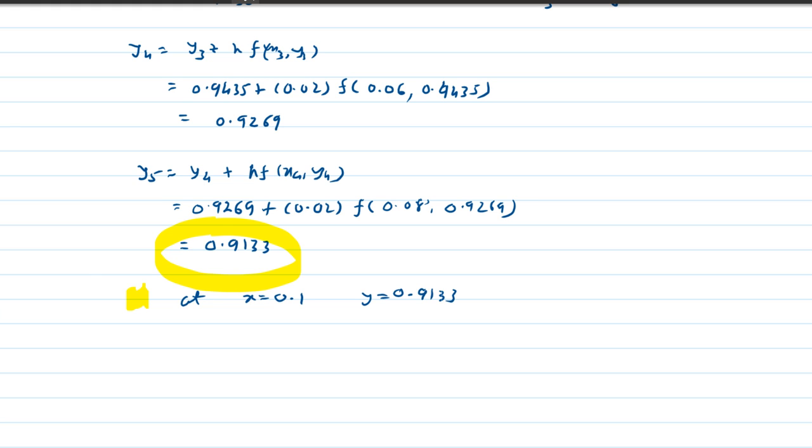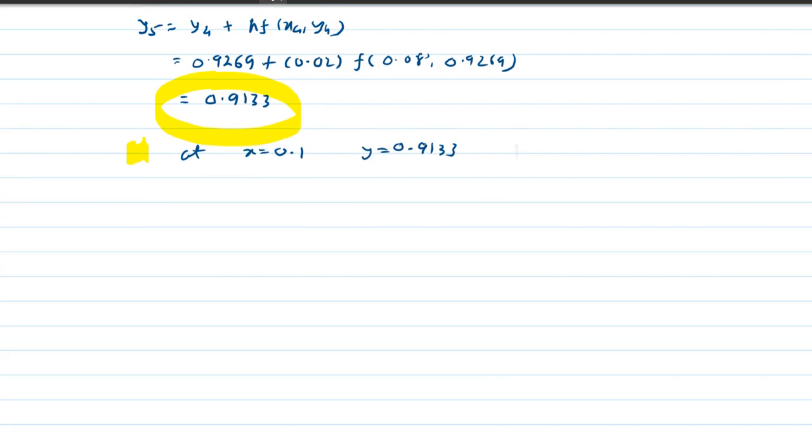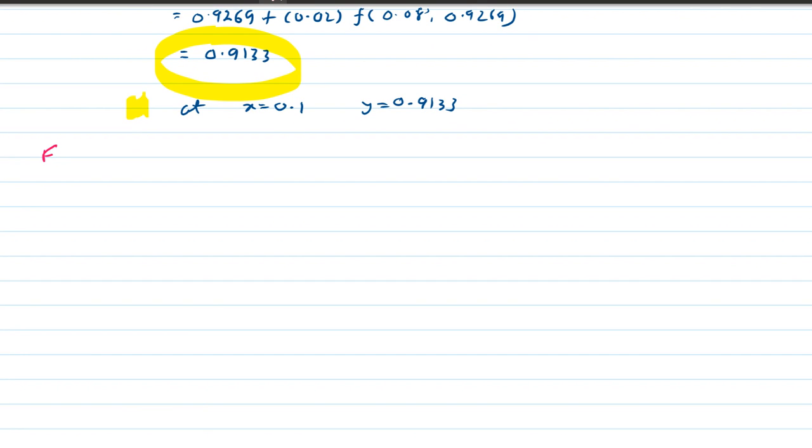Similarly, you can do some more examples. Let me give you one example for exercise. Solve the equation dy by dx equals x minus y divided by 2. The interval is 0 to 3. The condition given is y of 0 equal to 1.